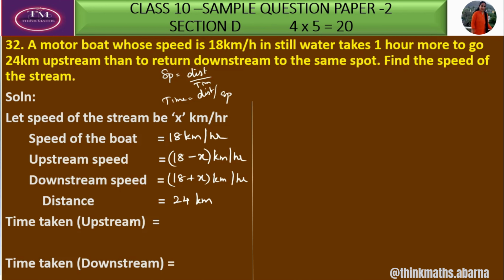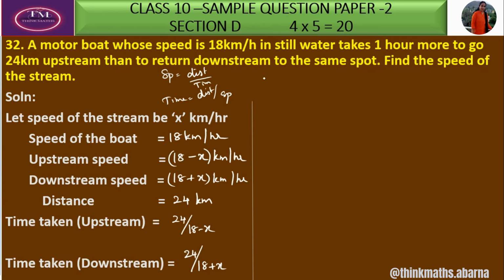Distance is 24 and the speed for upstream is 18 minus x. For the time taken downstream, the distance is the same 24, and the speed is 18 plus x. So time taken for downstream equals 24 divided by 18 plus x.